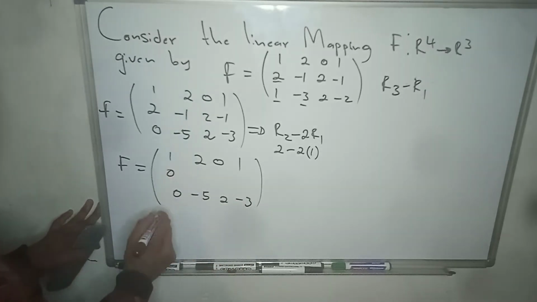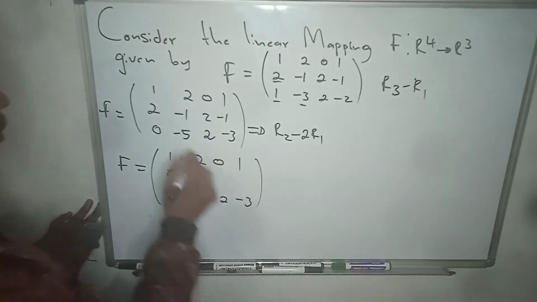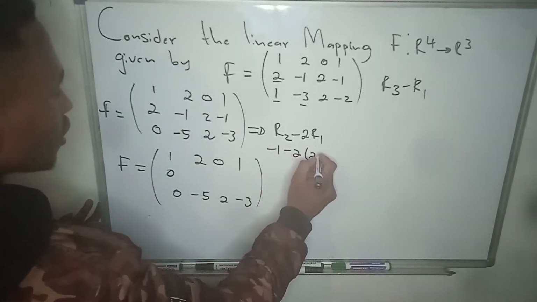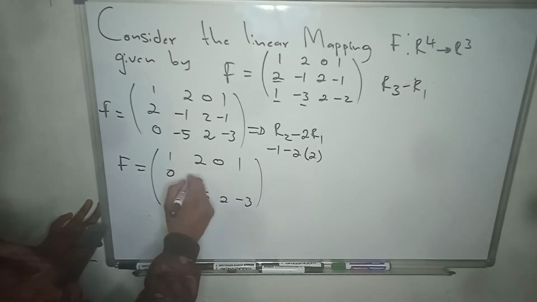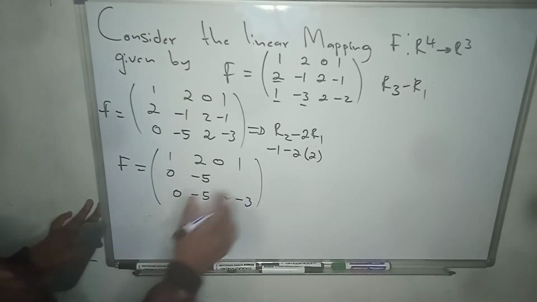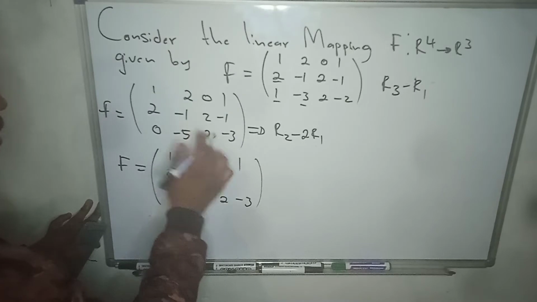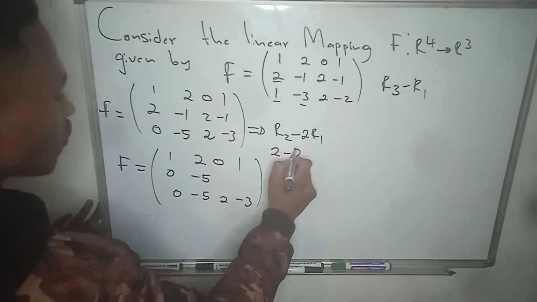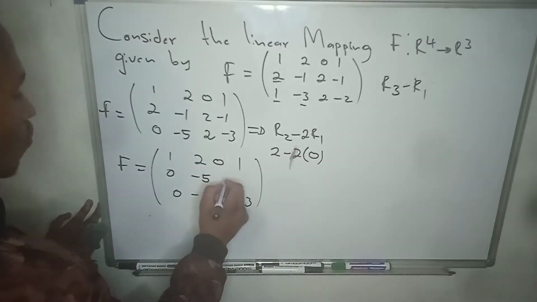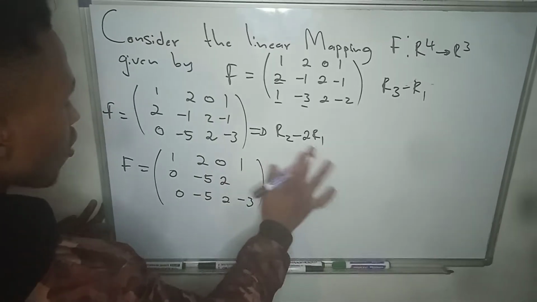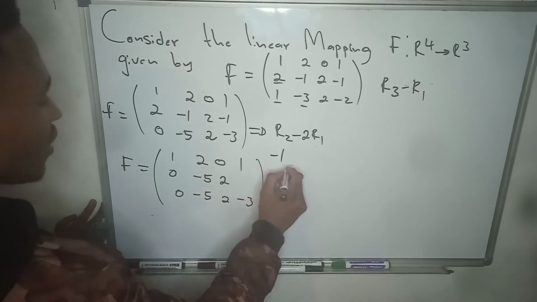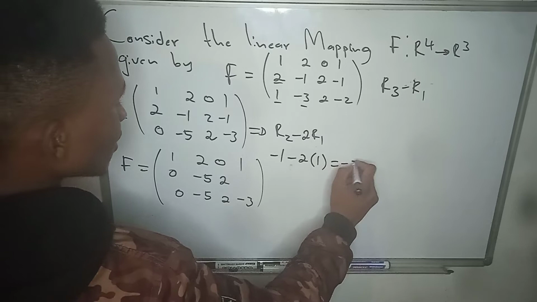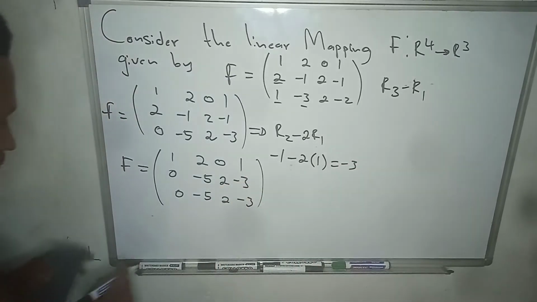So let me put minus 1 here and minus 2 and then substitute this 2. So I'm getting minus 5. Let me put 2 here, and substitute 2 and 0. I'm getting 2. Then I take minus 1 here, minus 2, and substitute, and I will get minus 3.